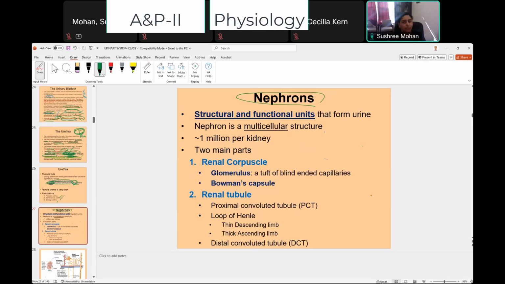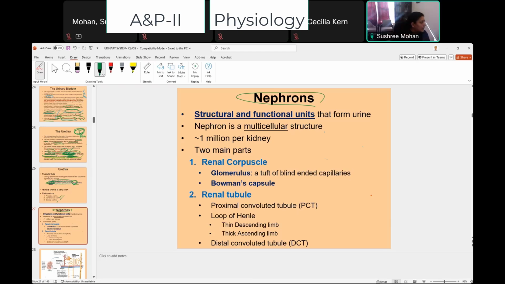So what are the two main parts? Number one is the renal corpuscle. The kidneys are called renal organs, and the renal corpuscle is the most important one. The second part is the renal tubule. Both are important, both have an important job to do.